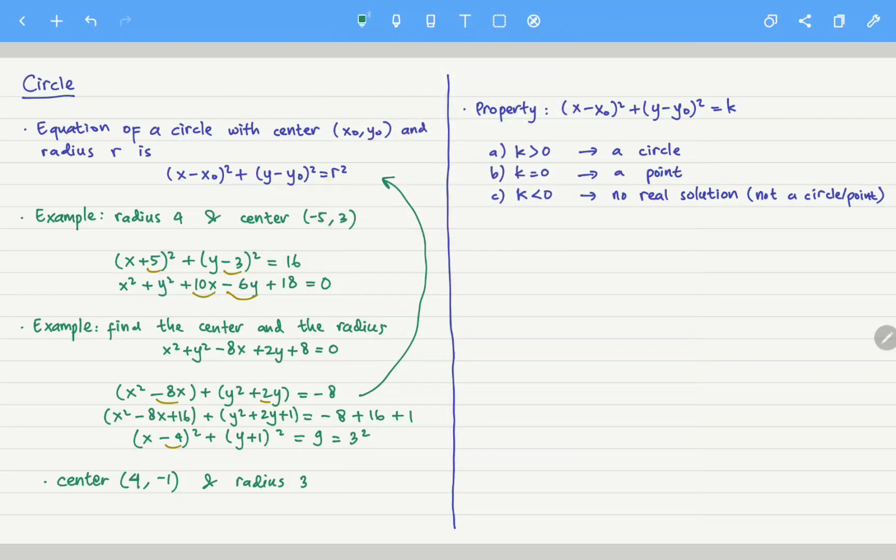So for example, let's say we have the following equation.